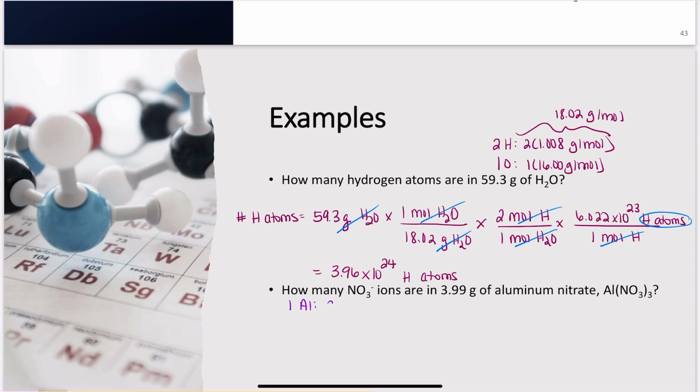So 1 aluminum, 26.98 grams per mole. 3 nitrogen, again that 3 correlates to all of this, so 3 nitrogen, 3 times 14.01 grams per mole, and 3 times 3 here, 9 oxygen, 9 times 16 grams per mole. Add all of that up, and you're going to get 213.0, need that for the sig figs there, grams per mole.